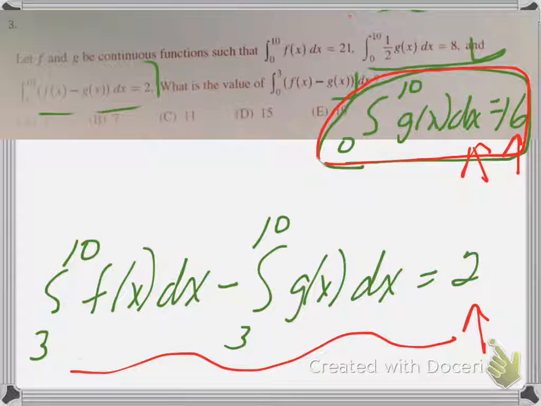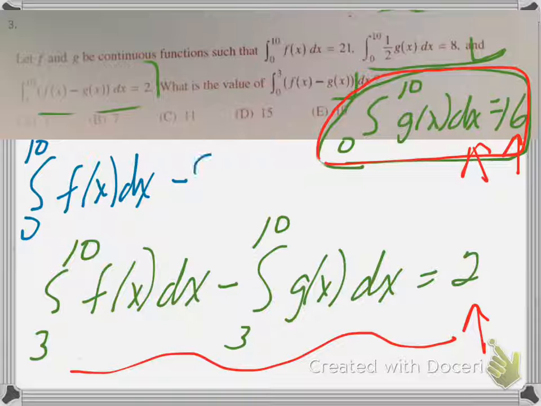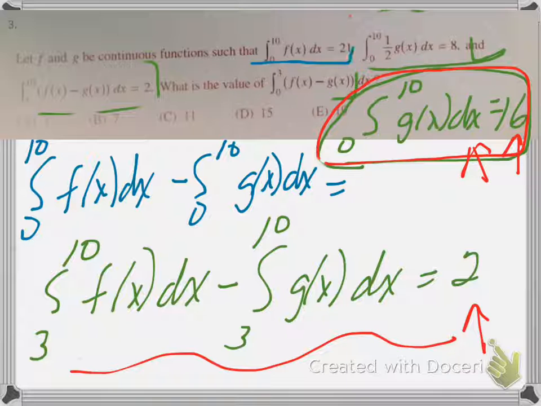I'm also going to get another color. Okay, so what if I do from 0 to 10, doing this exact same thing, f of x dx minus from 0 to 10 of g of x dx. Okay, f of x from 0 to 10 is right here. That's 21.